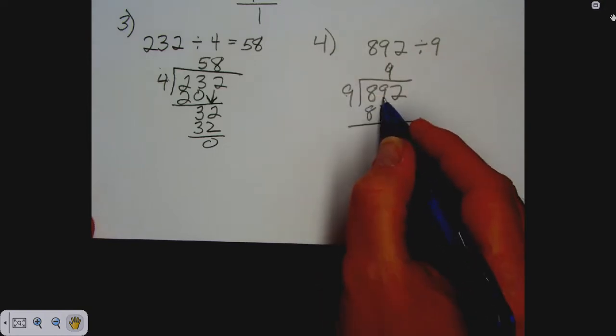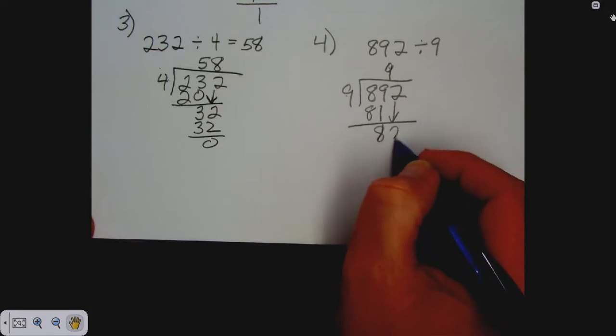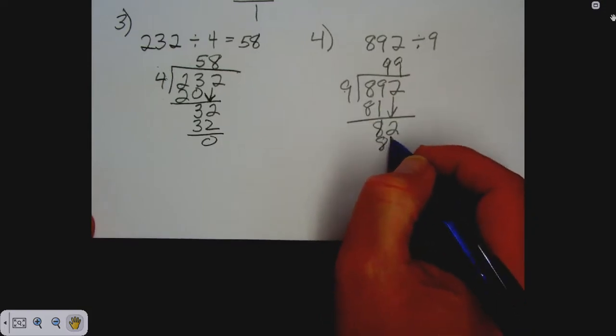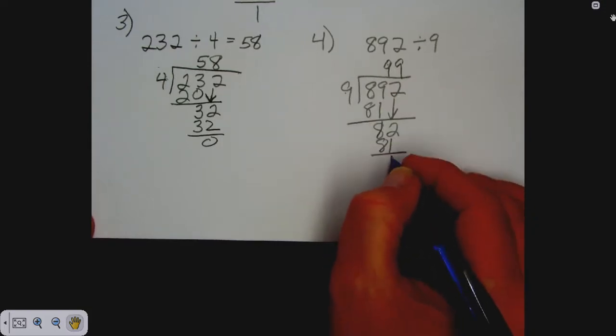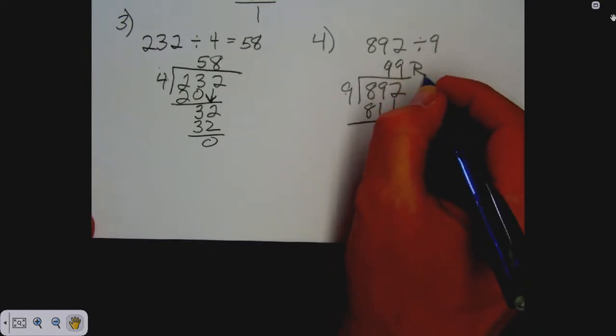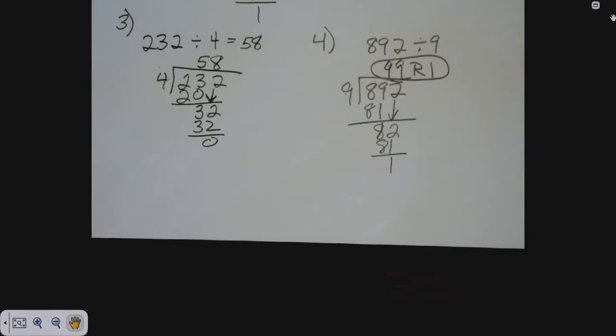Do our subtraction. We get 8. We get to bring down the 2 now, and we get 82. 9 times 9 is 81 again, and we get 1, and so we're going to say remainder 1, and that's our answer. Okay? That's it for now.